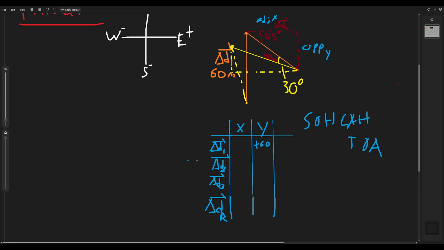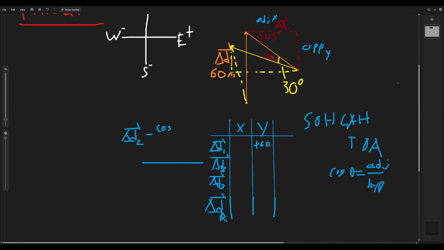Cos of the angle is equal to adjacent over hypotenuse. We're trying to solve for adjacent. So therefore, our x component would just be the hypotenuse times cos of the angle.